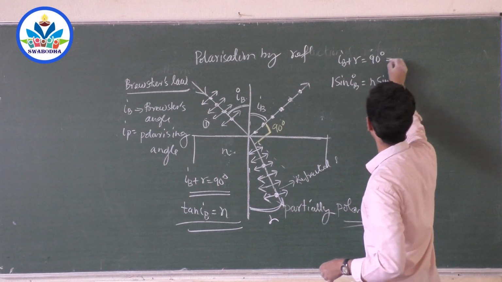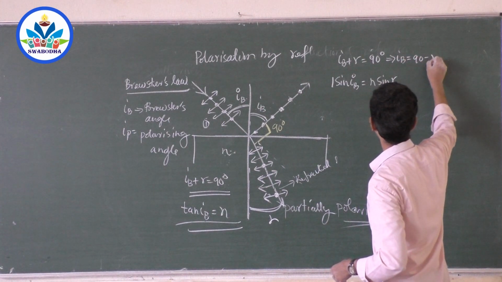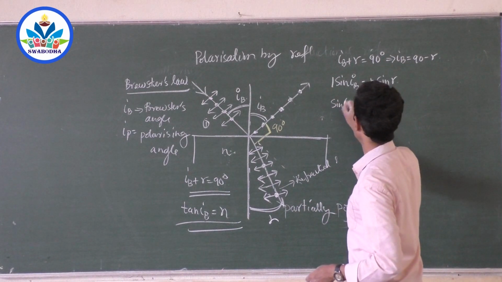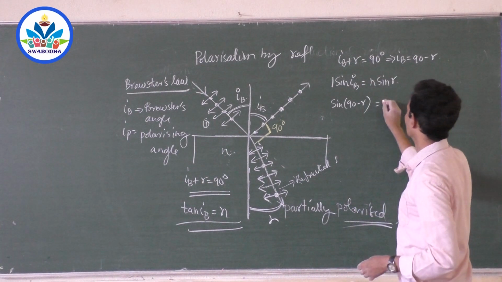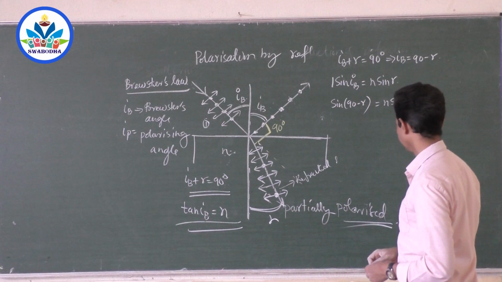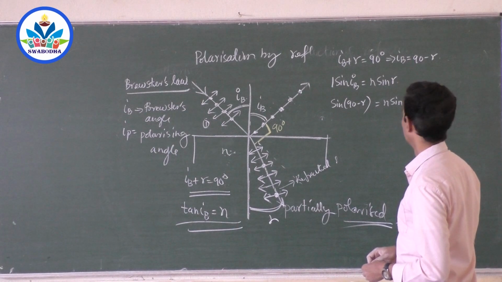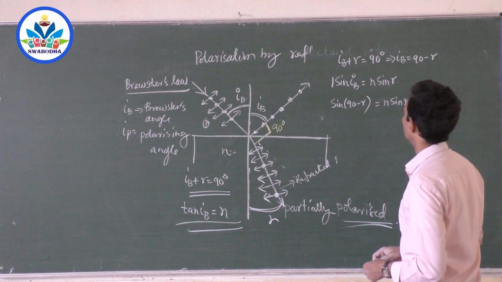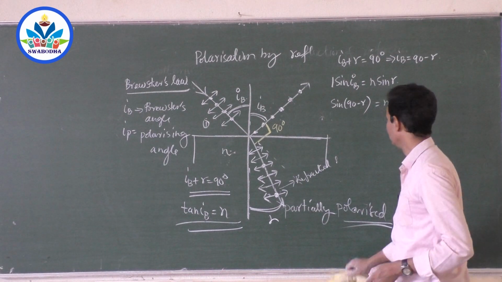What is IB here? IB is equal to 90 minus R. Right? So sin IB is equal to N sin R. Or shall I write it for, I want to retain IB, isn't it?